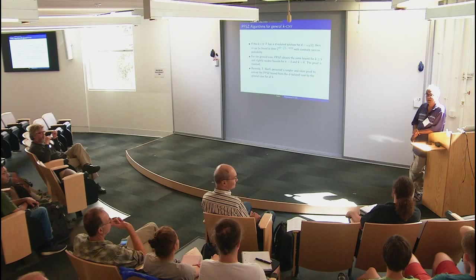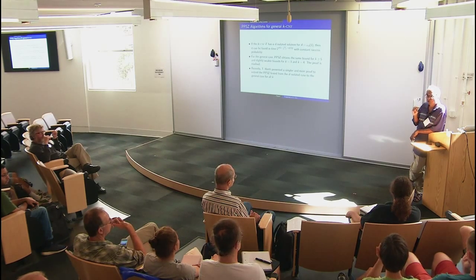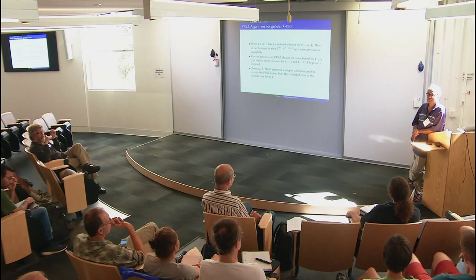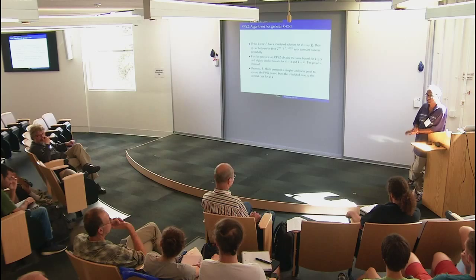I'm not sure if there is a de-randomization where the constant is preserved. There are deterministic algorithms of the type 2 to the n times (1 minus c over k). So the 1 over k form is preserved. I'm not sure of the best constant.